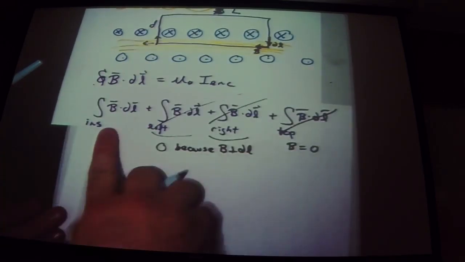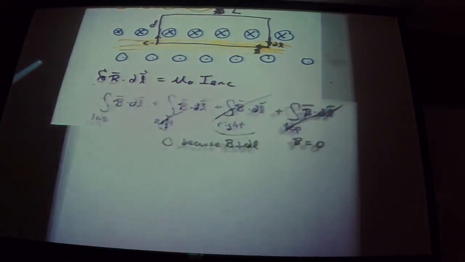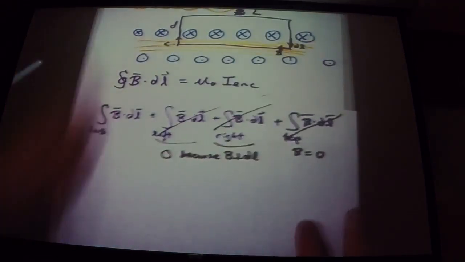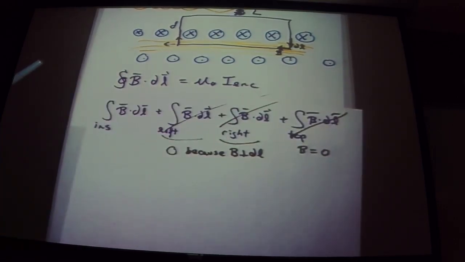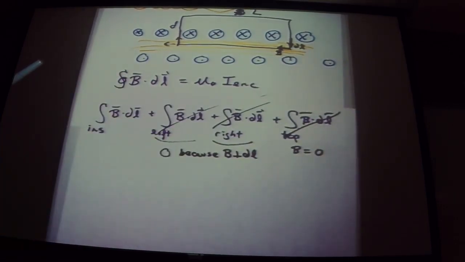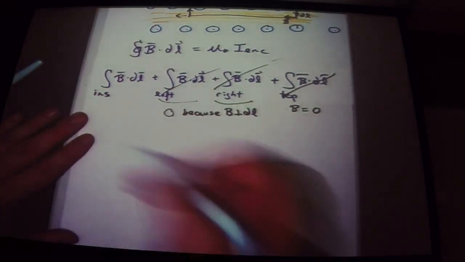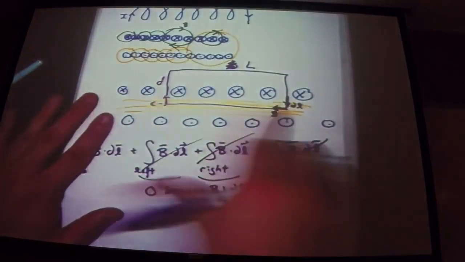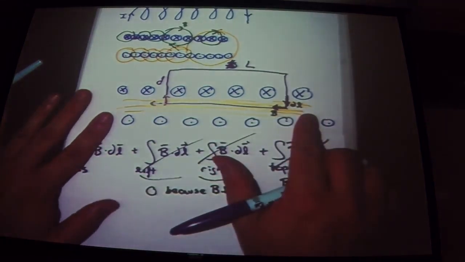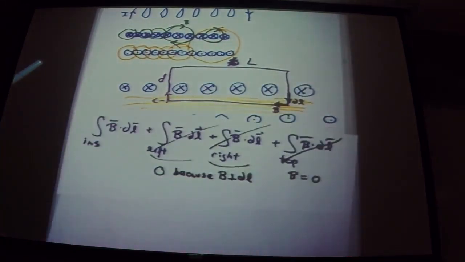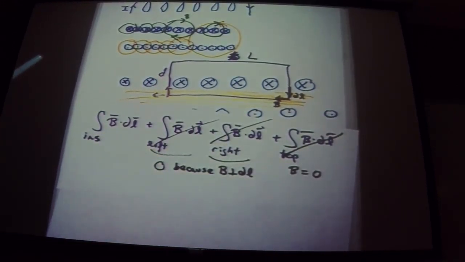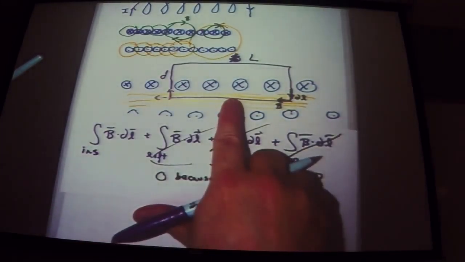So what we're left with is this integral over this line on the inside. Now the inside of this, if it's long enough, this is why we say it's a long solenoid, there's no difference between this point and this point.